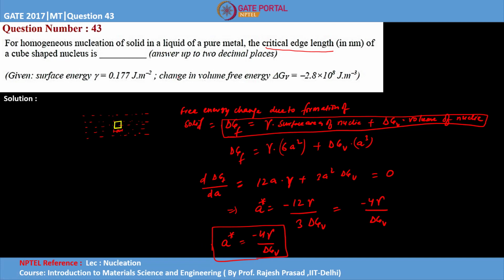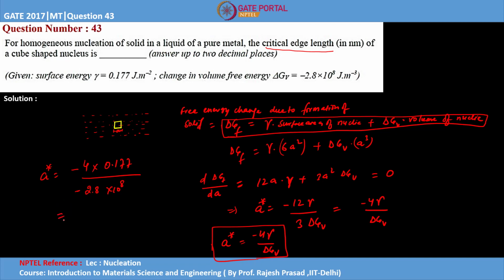Now to calculate the value of this A star, we will simply put the value of gamma and delta GV. The value of gamma given in the problem is 0.177 joule per meter square, and the value of delta GV is minus 2.8 into 10 to the power 8 joule per meter cube.